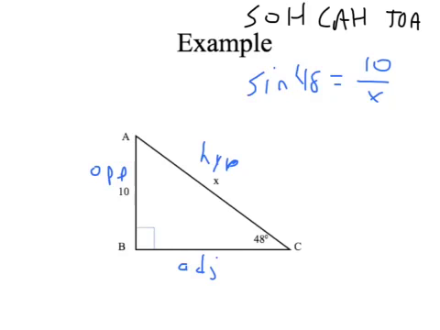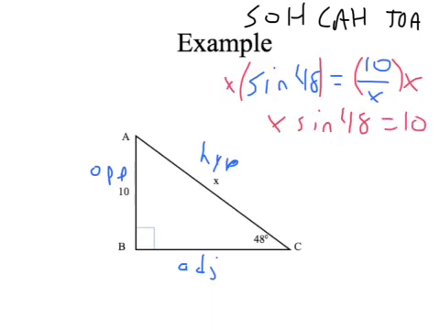There's a little bit more work involved in solving this one. Since x is on the bottom, we're still trying to solve for x. I need to get x out of the bottom of the fraction. To do that, we're going to have to multiply both sides by x, which gives me x sine of 48 is equal to 10. And then I'm going to want to still get x by itself, so I need to divide both sides by the sine of 48.